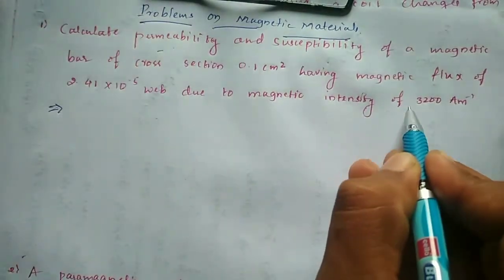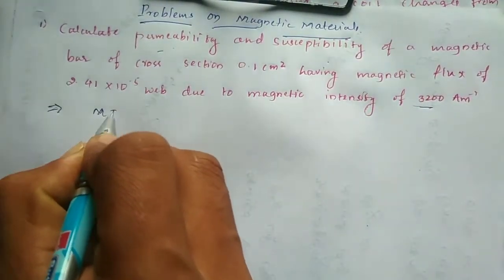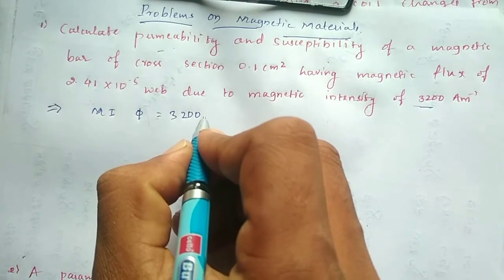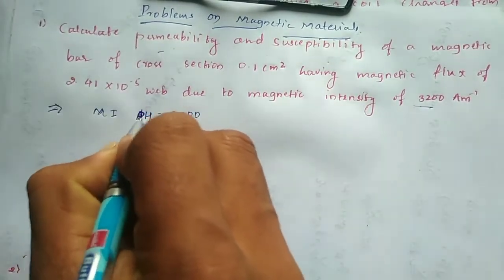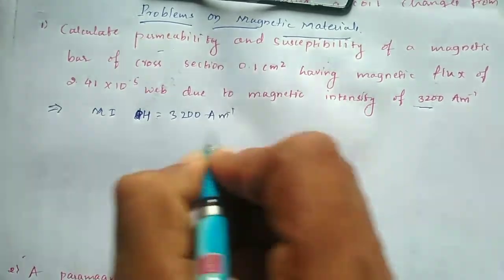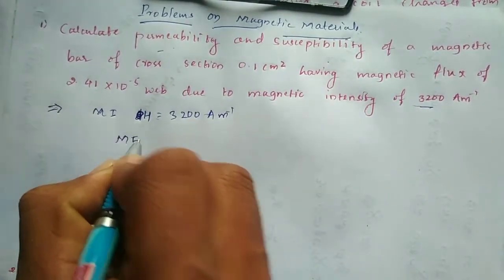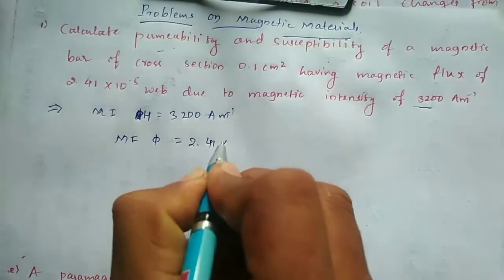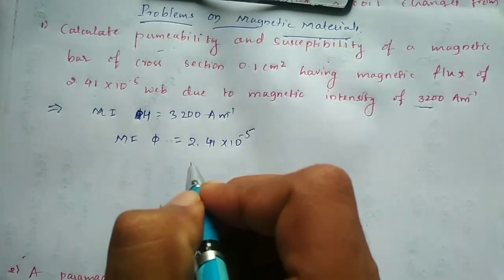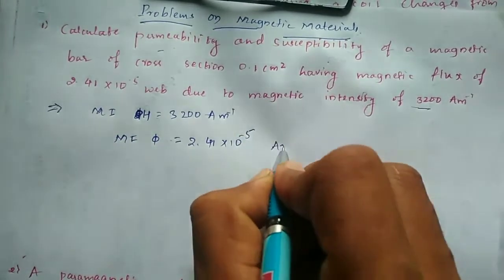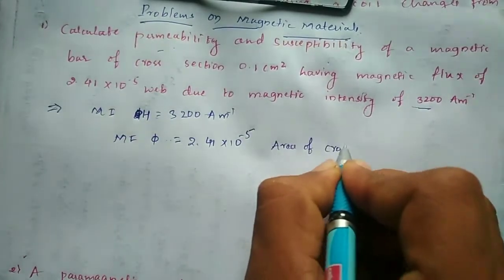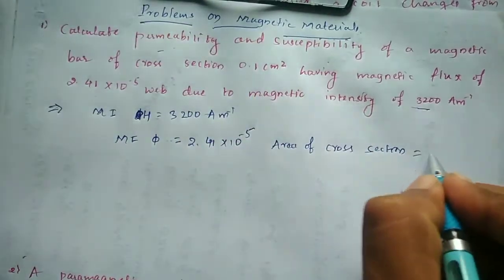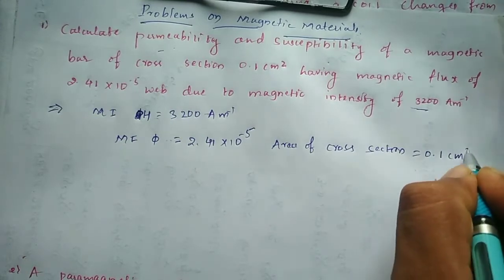They gave the magnetic intensity H as 3200 ampere per meter, and next they gave the magnetic flux, 2.41 into 10 to the power minus 5, and the area of cross section, 0.1 centimeter square.